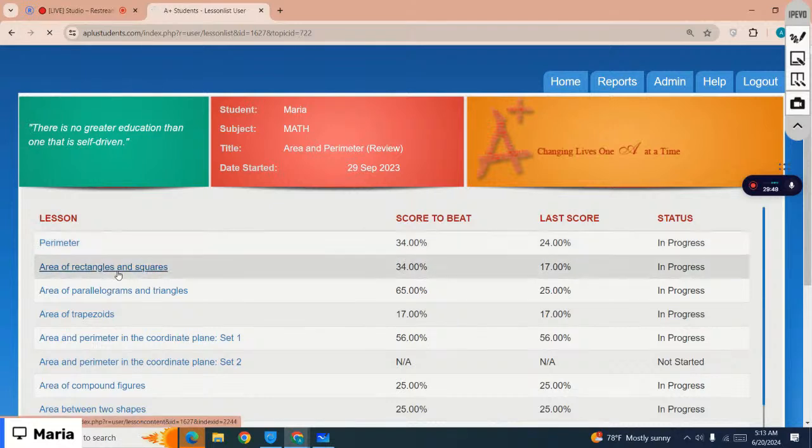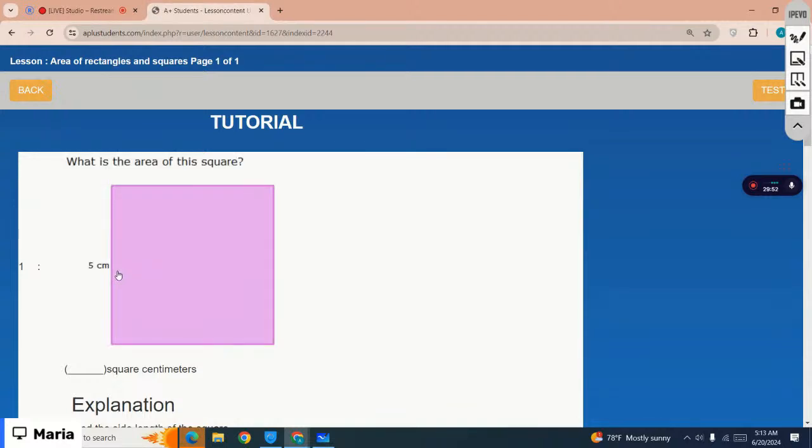Now we're going to calculate the area of the shapes. What is the area of the square? So you have to do 4 times 5, right?